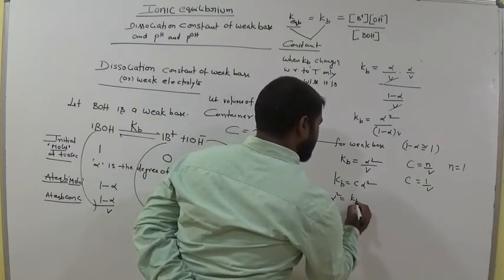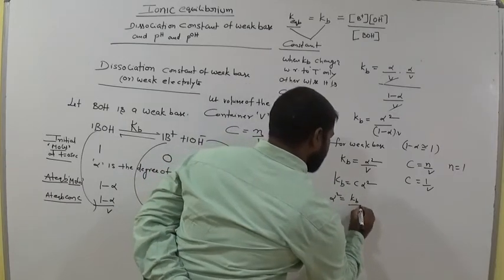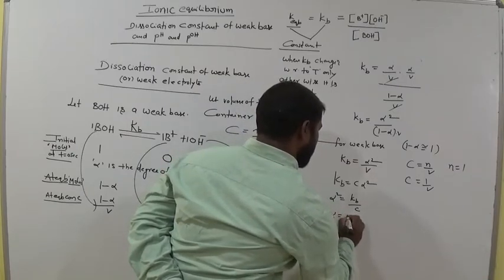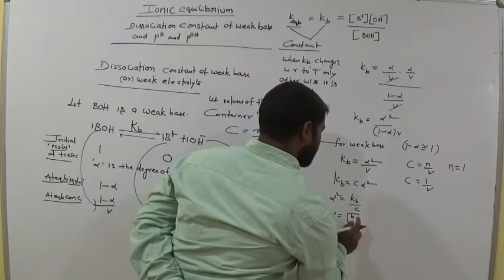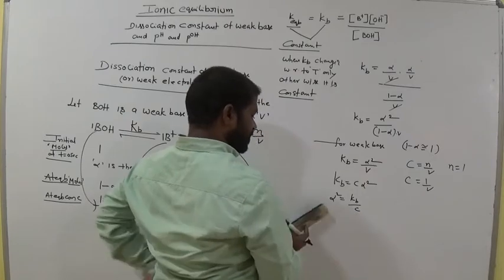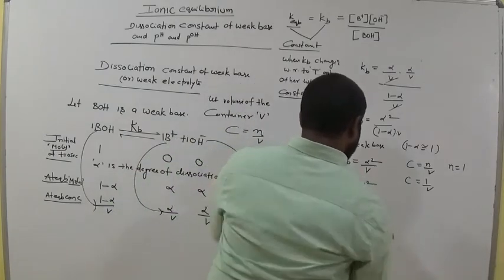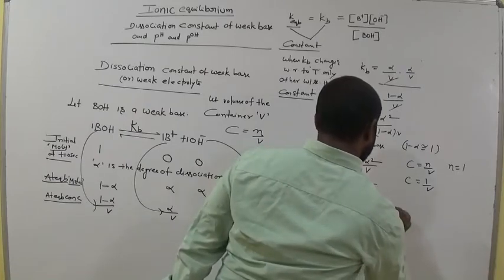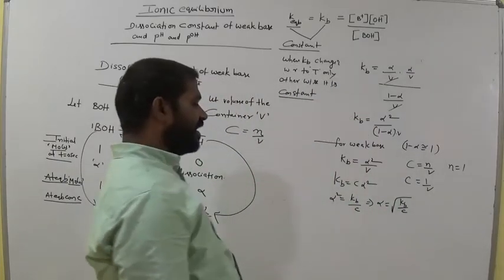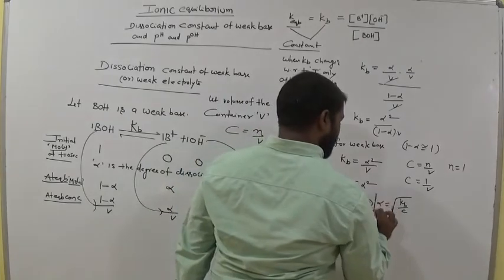From this, alpha square equals Kb by C. From this, alpha equals the square root of Kb by C. So these are very important relations.